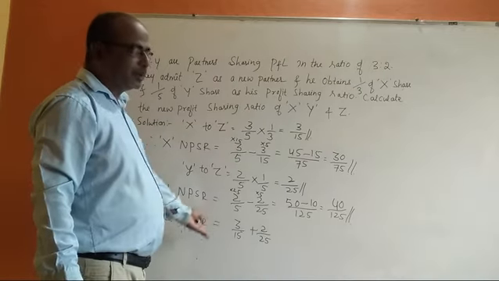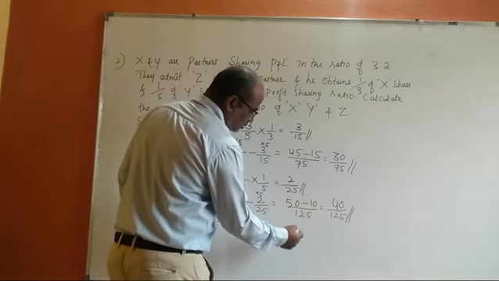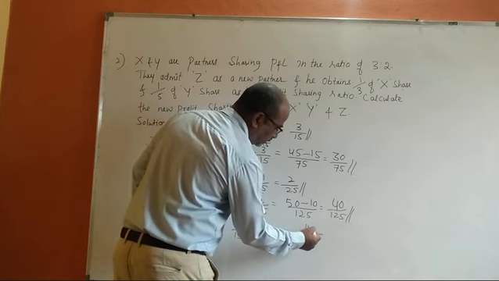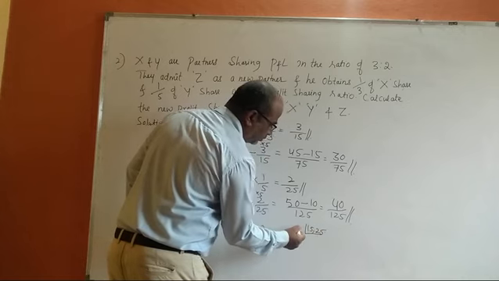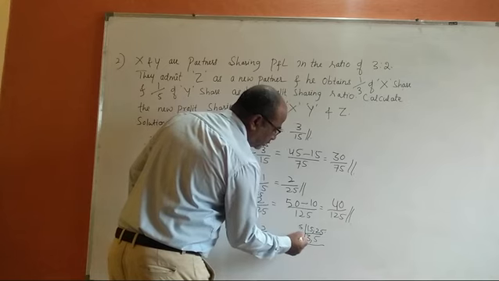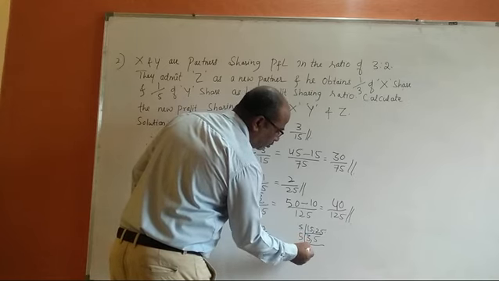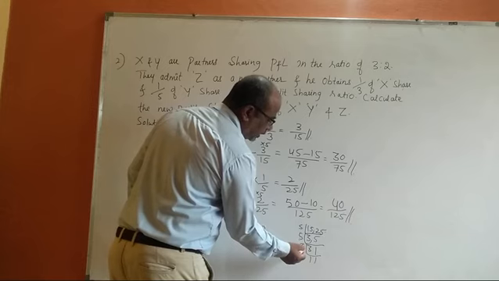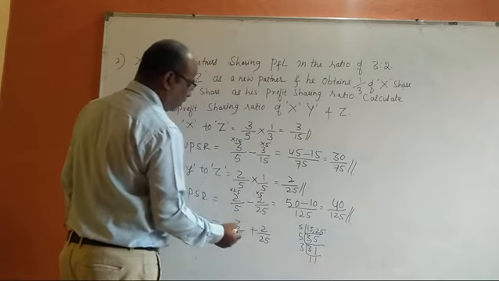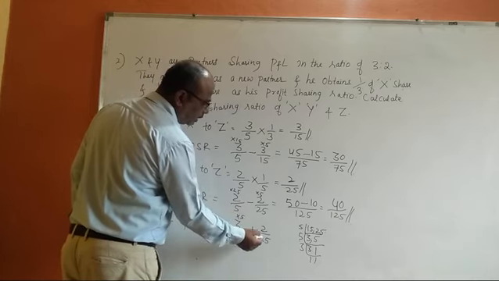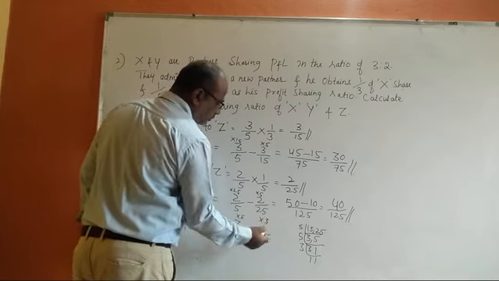These are both divisible by 5, so let us take the LCM, or else the calculation will become lengthy. 15 and 25: 15 into 5 will be 75, 25 into 3 will be 75.